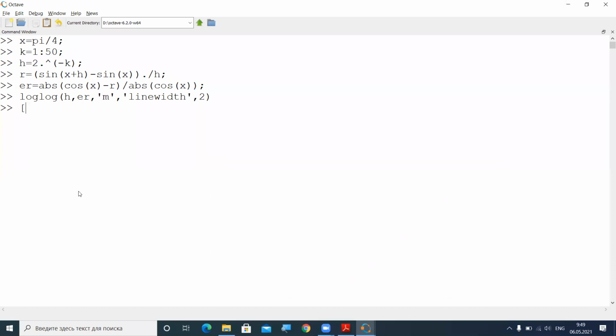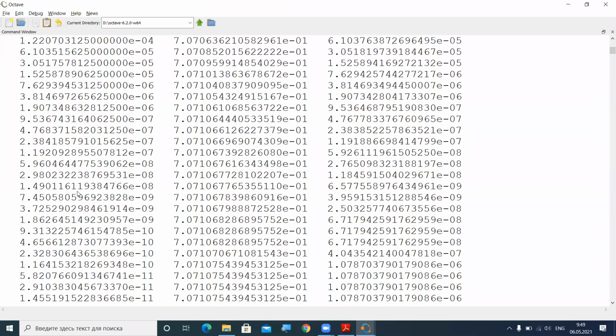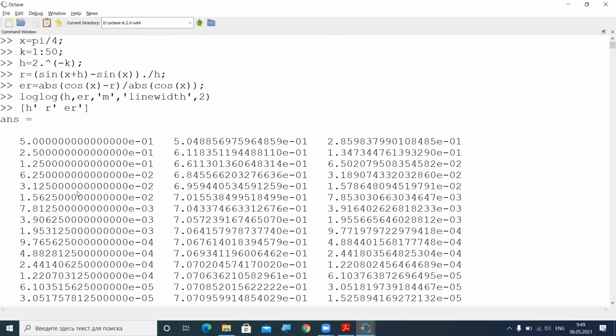Let's show it as a table. So here h value, the r function corresponding, and the error. And you can see here h is from 1 till 50.